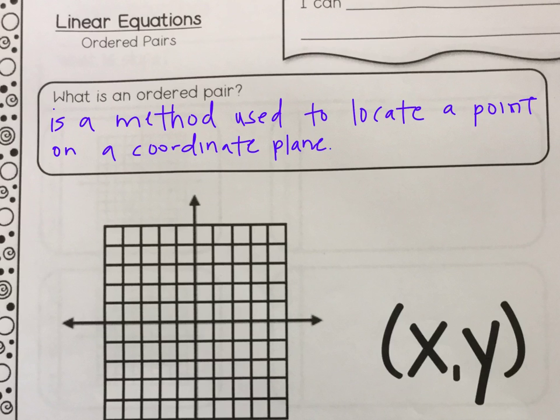An ordered pair is represented with X and Y.